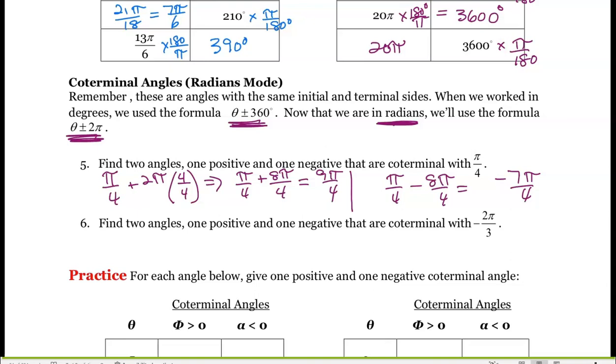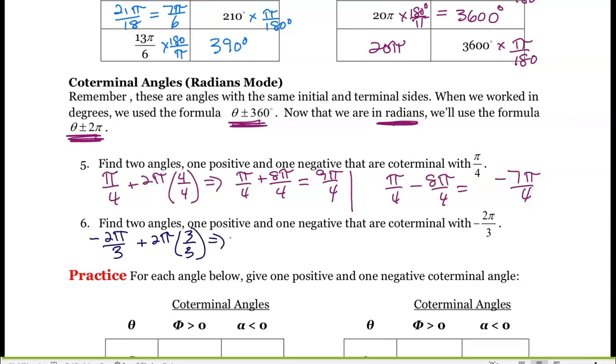Okay, find two angles, one positive and one negative, that are coterminal with negative 2 pi over 3. So I have negative 2 pi over 3. I'm going to add 2 pi, but I can't do that unless I multiply by 3 over 3.